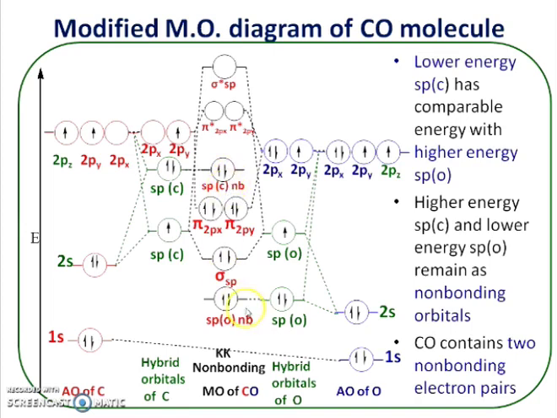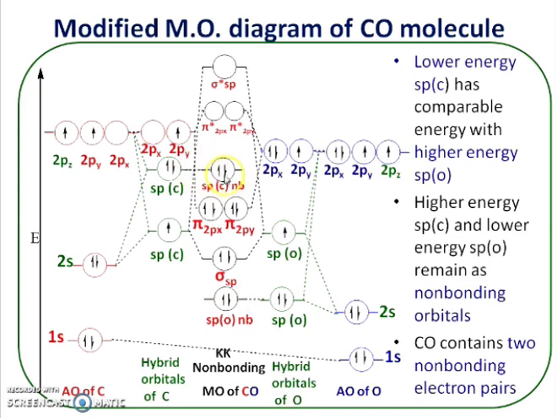The reason for this is, the sp hybrid orbital of oxygen is very close to the oxygen nucleus, and oxygen is more electronegative, and therefore the non-bonding electron pair present in the sp hybrid orbital of oxygen is strongly held by the more electronegative oxygen, and therefore this pair is not donated normally.